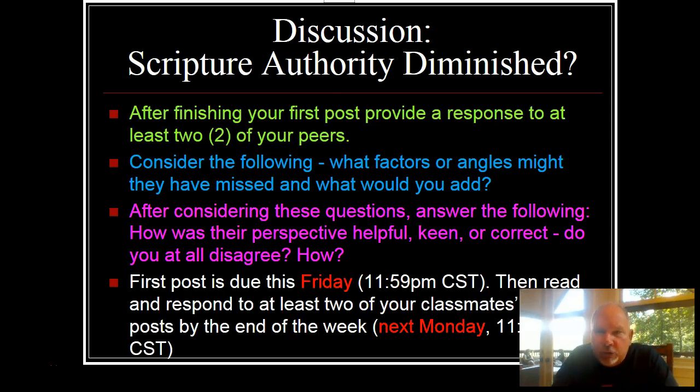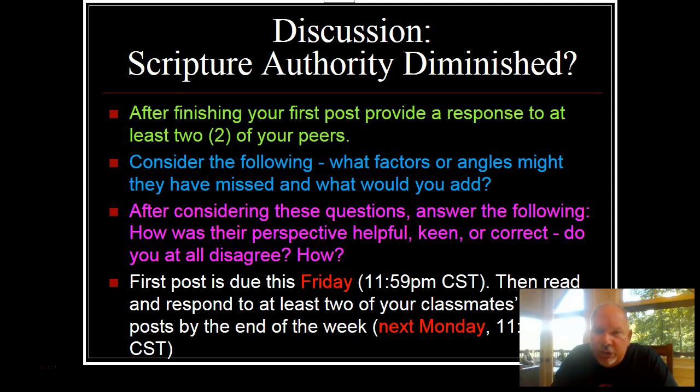So after finishing your first post on Friday, I want you to respond, for B-level work, to at least 2 of your peers. For A-level work, I'm looking for ongoing engagement over the weekend. And I want you, in your responses and your discussions, to consider what factors or angles the author of these discussion posts might have missed, and what you might add.